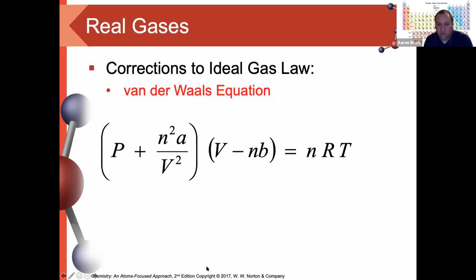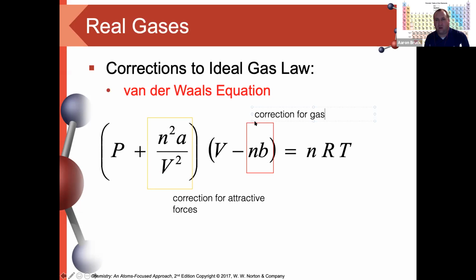This first correction is the correction for attractive forces that exist. The second correction here is the correction for the volume.